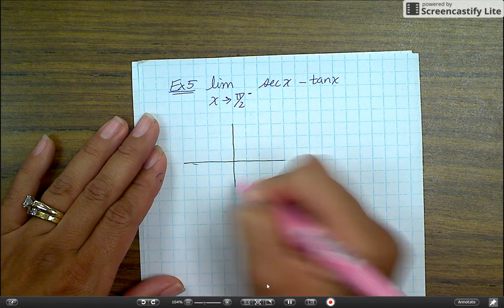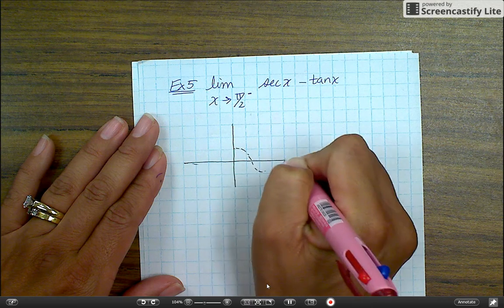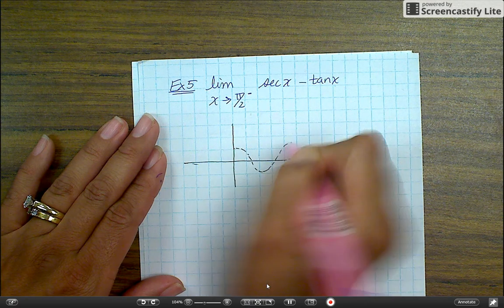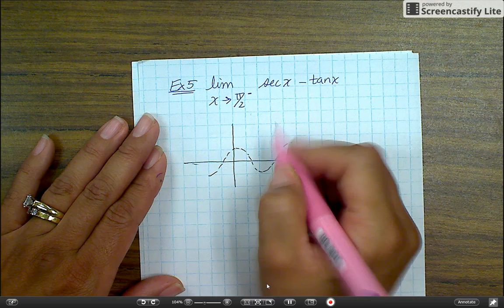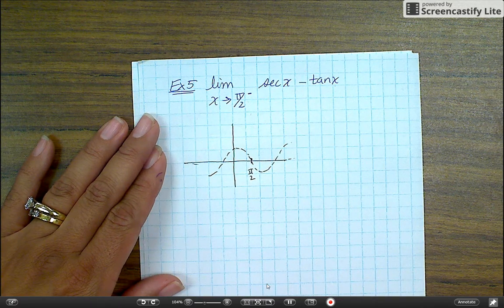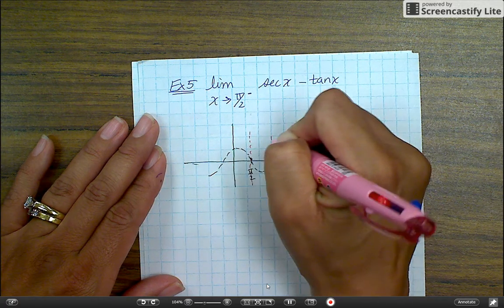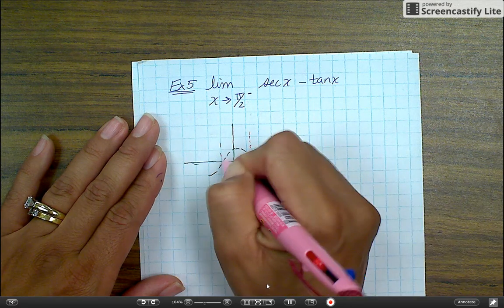Secant, I know it's the reciprocal of cosine. So here is my cosine graph, like this. And here is pi over 2. And I remember that wherever cosine hit the x-axis, there were asymptotes.